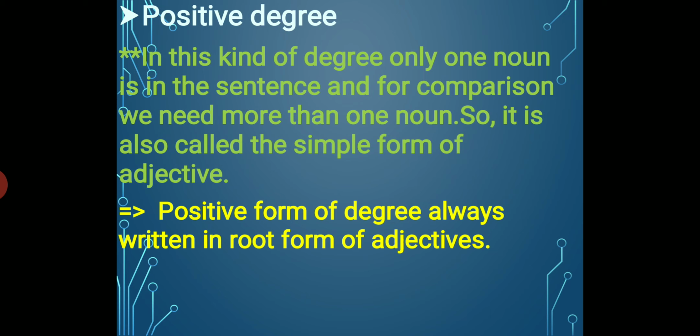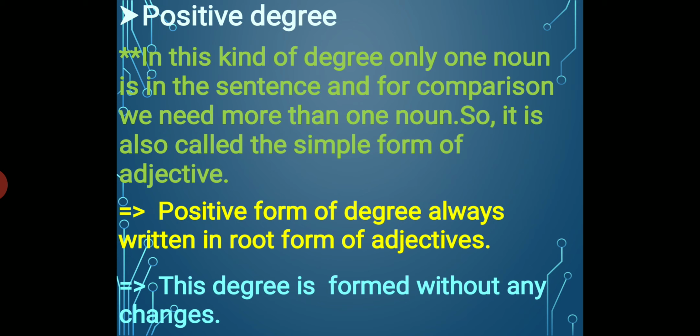The positive degree is always written in the root form of the adjective, meaning the main form of the adjective. It is also called the positive form. This degree is formed without any changes, meaning whatever adjective is in the sentence, without any changes, it would be the positive form of the degree.